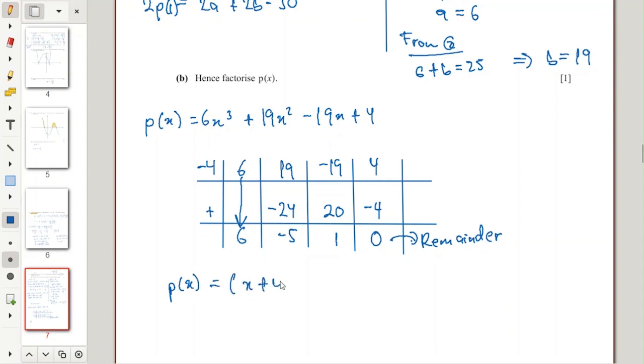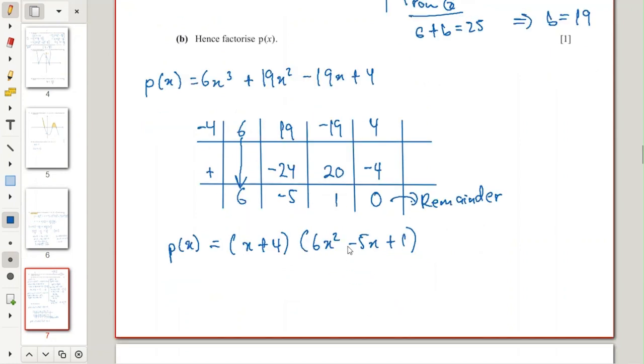So the factor times the quotient. The numbers here become the quotient. However, you must always make sure that it is in the simplified form. What do I mean by that? That they don't have any common factor. If they have a common factor, it's not simplified.